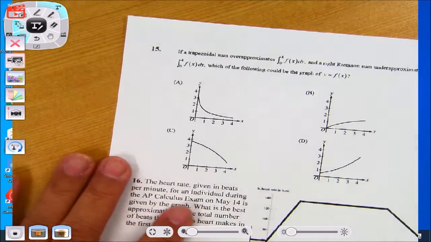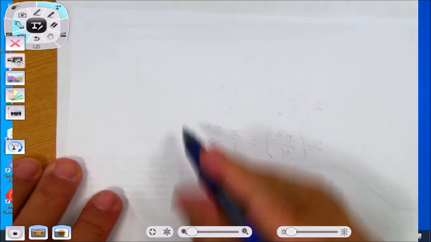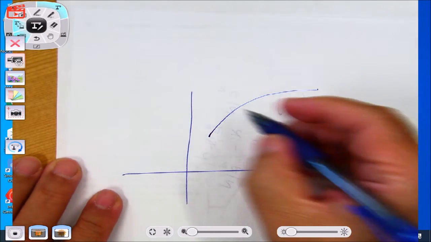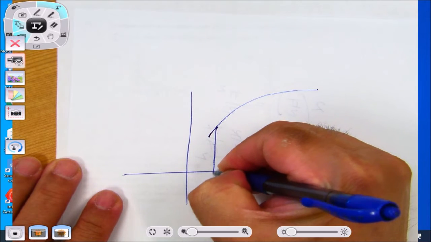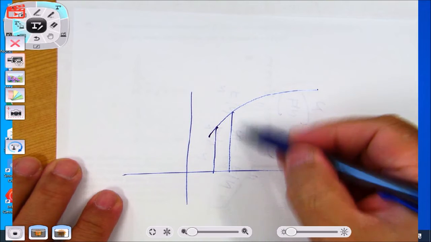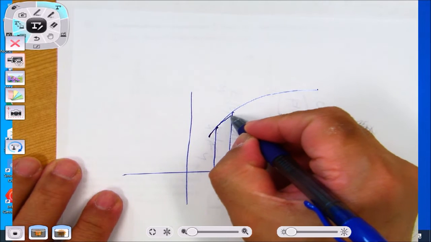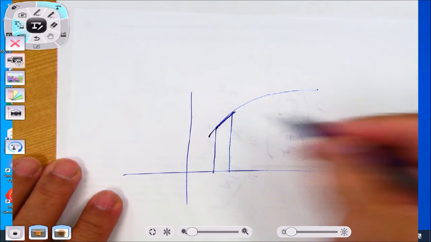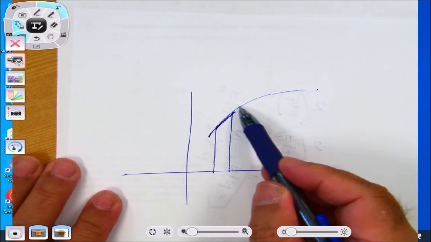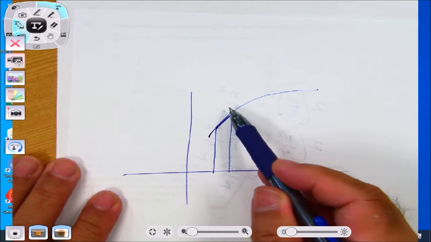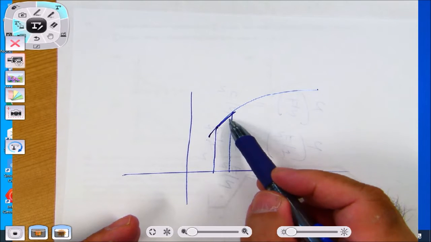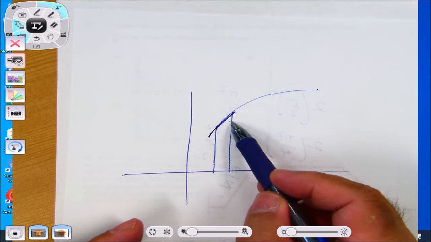Let's say I have some graph, and when I draw the trapezoid, you would draw it like this. This is the base of the trapezoid, and this is that leg. Is this leg under the graph or over the graph? Under the graph. So if the leg is under the graph, it will be an under approximation.